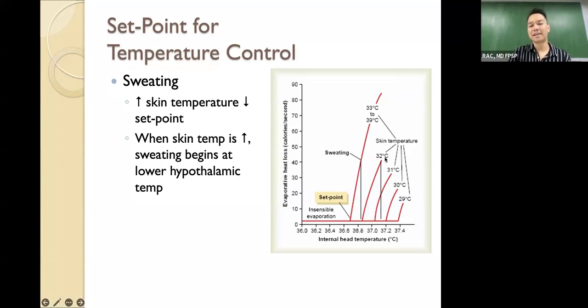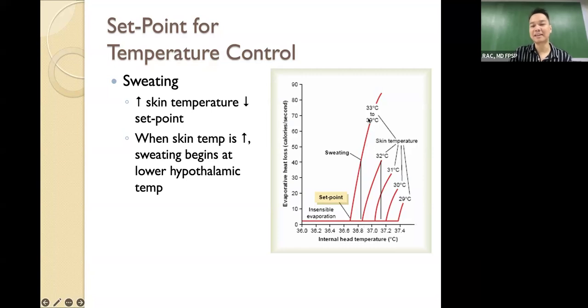Now, what happens if body temperature increases, let's say to 39? You will notice that at 39 degrees, the set point is now around 36.7. But the threshold for sweating is at, let's say, 36.9.